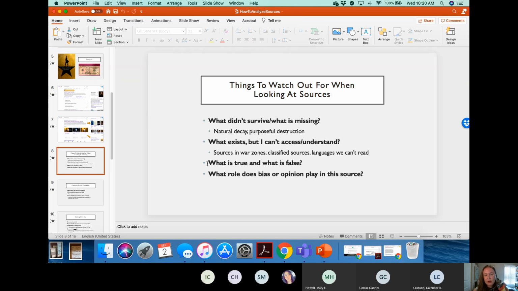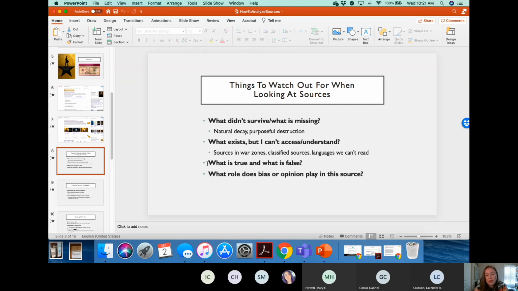The last two I want to talk about, we'll go into more detail in a second on both of these. When we look at a source, you should always ask what is true and what is false. Figuring out what is factual is really important, especially not just in our course, right, but in daily life when you read the news, for example.